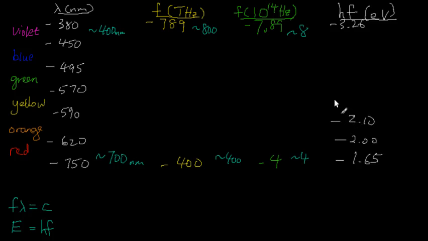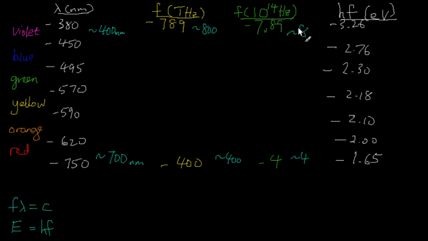Yellow would be between this and 2.18 eV. Green, 2.30. Blue goes up to 2.76. Now again, you may not need to remember the exact values of this.